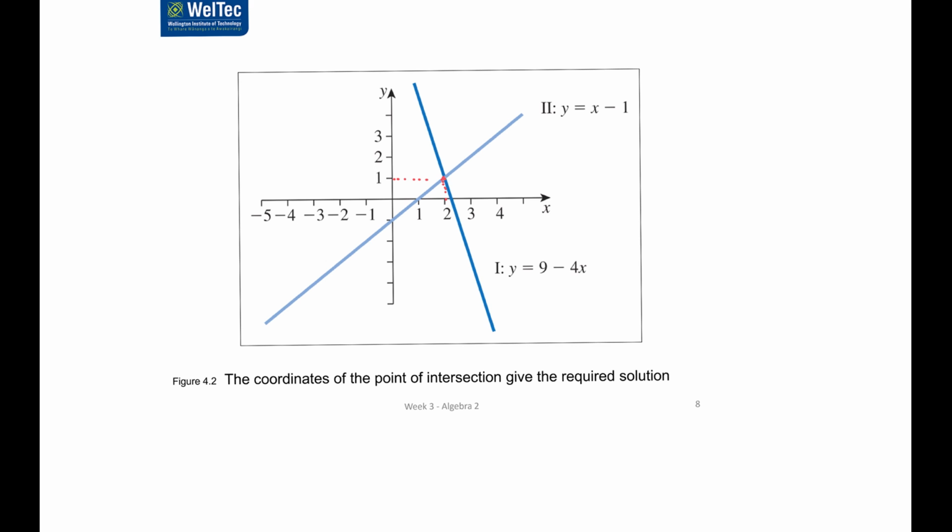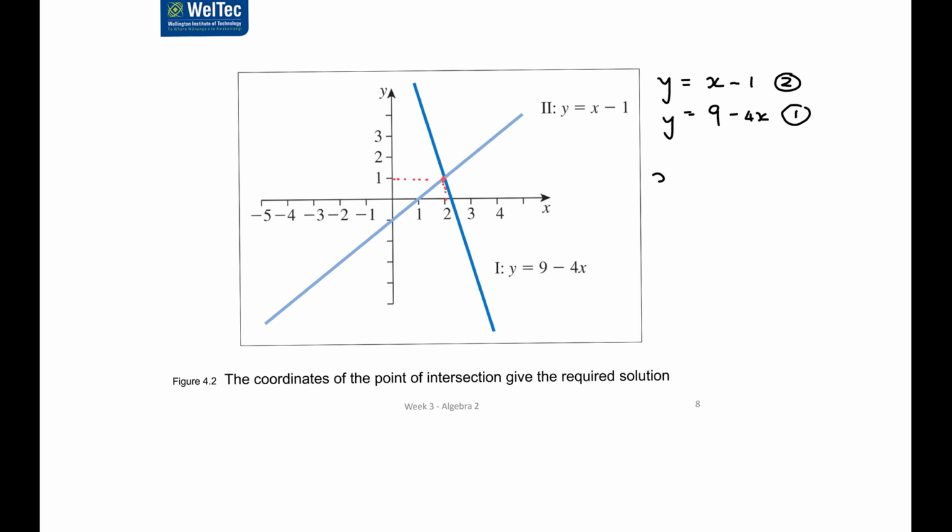So what we would need to do, we would need to say, okay, we've got y equals x minus 1. That's named as equation 2. And we've got y is equal to 9 minus 4x. That's named as equation 1. So these would be equal to each other at the intersection.